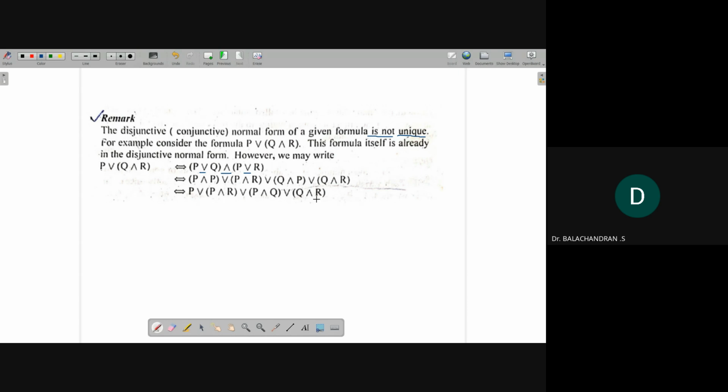So my intention is, if it's not unique, you can try some other method and get a different form, but the steps should be correct. Each and every step should be correct, one obtained from the other. So here, this one you can obtain from this one. Similarly, this one you can obtain from this one. So that is the meaning.